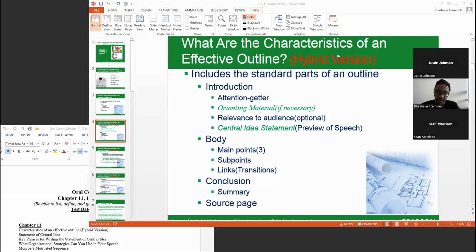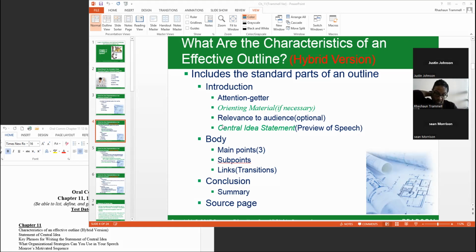Orienting material: things that they may need to know in order to understand your speech. It may be a word that the speech centers around, or maybe some backstory. Moving on to relevance, let them know why it matters to them. Your central idea statement is like: my goal is to tell you about this, and I will do it by listing blank, blank, and blank. Yes, that is the preview of your speech.